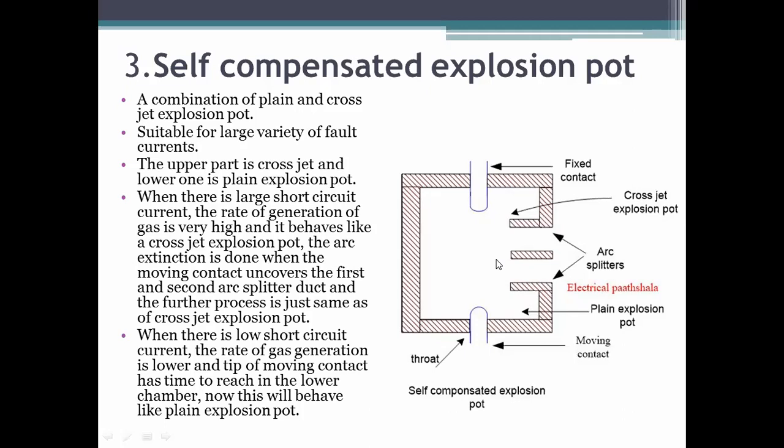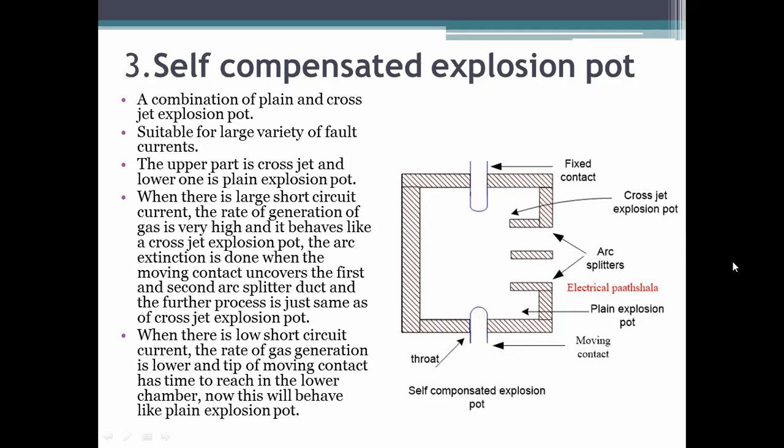When the current is low, it will act as a plain explosion pot, and when the current value is high, this pot will act as a cross jet explosion pot. So this is very suitable in all ranges. If we want to use it for low, we can use it; if you want to use it for high, it can be used for that purpose also.